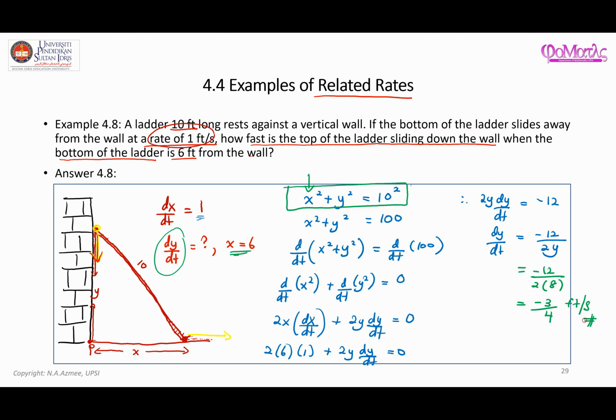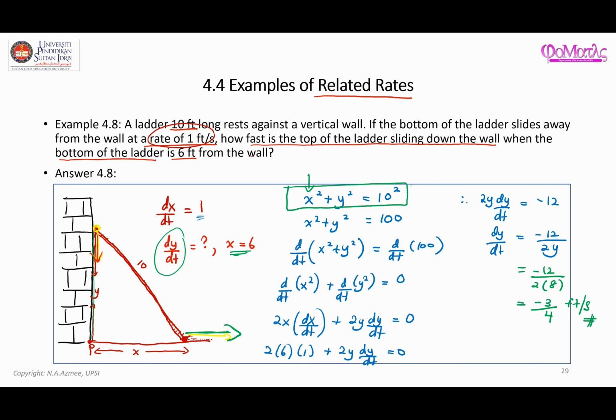I hope you do understand why the sign here is negative. This is because when the bottom of the ladder slides away in this direction, the original distance y becomes decreasing.